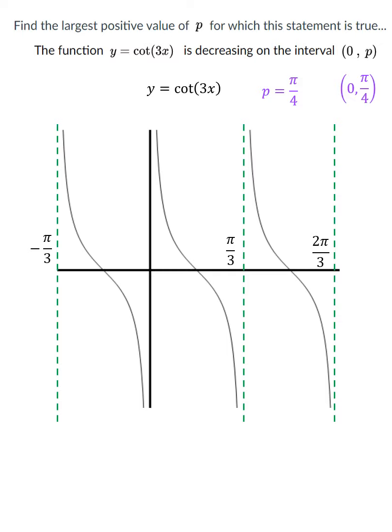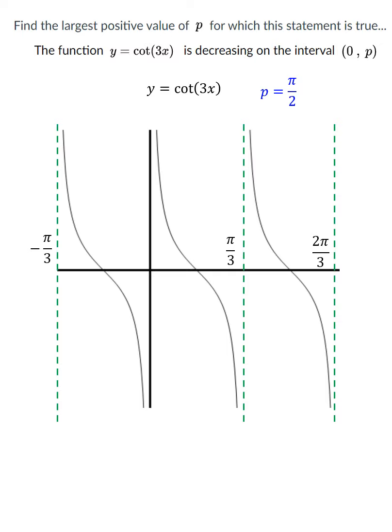Is it true that this function is decreasing on the interval from 0 to pi over 4? Well, pi over 4 is smaller than pi over 3, and it is true that the function is decreasing on that interval. So this statement is true for infinitely many values of p, pi over 4 and pi over 3 just being two of them.